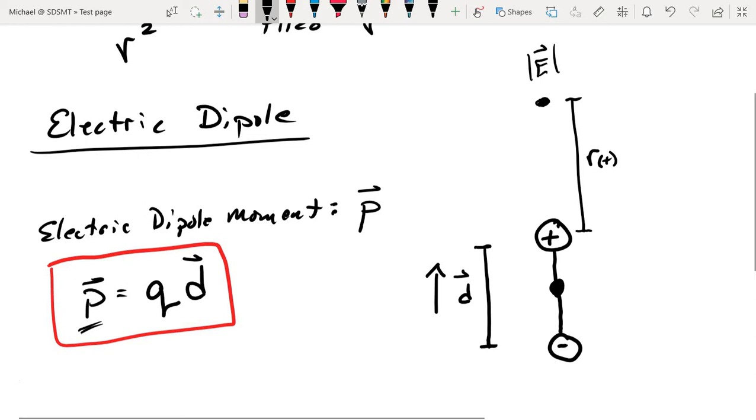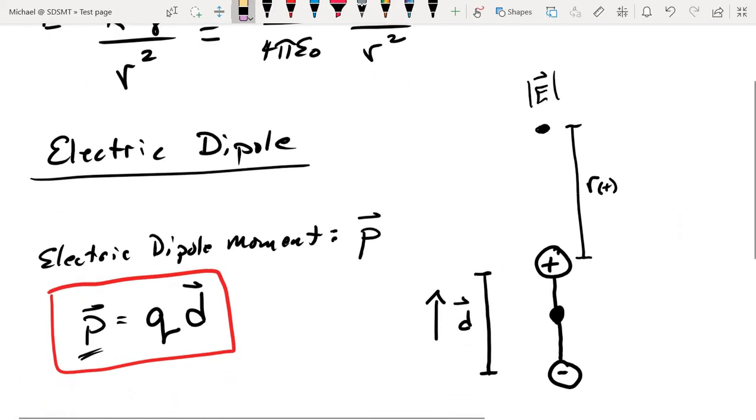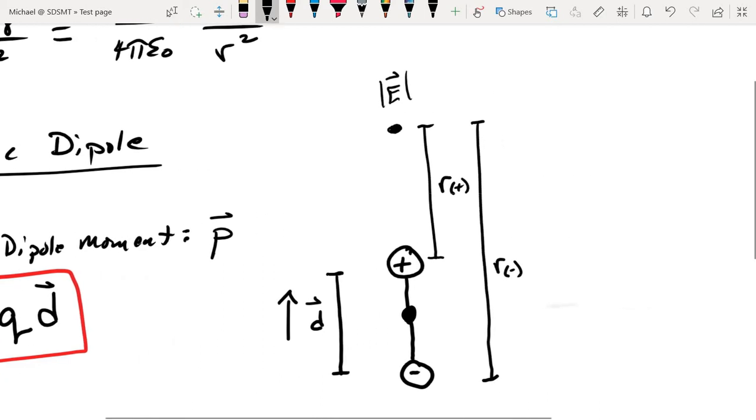So I would call that R of the positive charge, and when I say R, I mean the R value that's going to go into our electric field expression. And I would also need to know how far the negative charge is from the point in space where I'm trying to measure things.